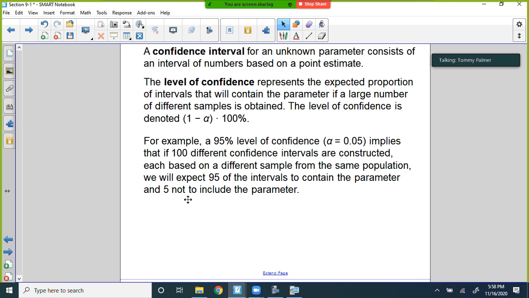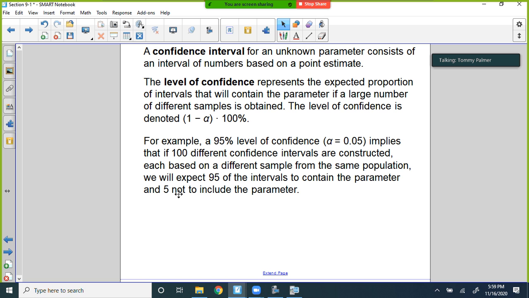Now, a confidence interval for an unknown parameter consists of an interval of numbers based on a point estimate. Fair enough? So the level of confidence represents the expected proportion of intervals that would contain the parameter if a large number of different samples is obtained. The level of confidence is denoted (1 minus alpha) times 100%, right?